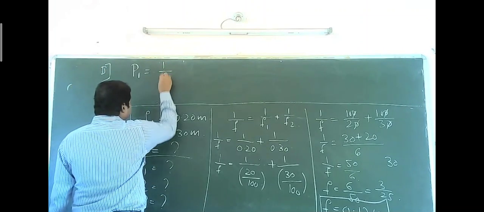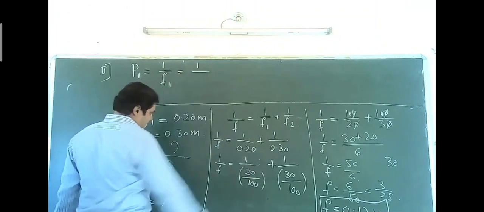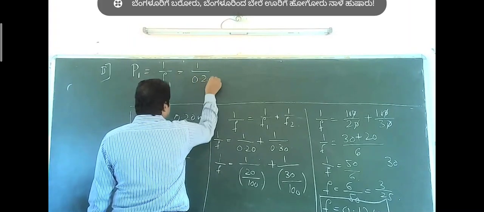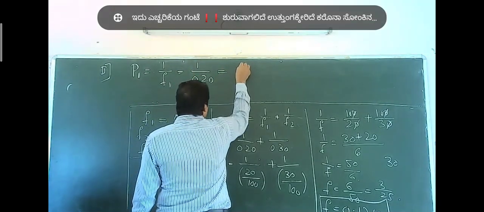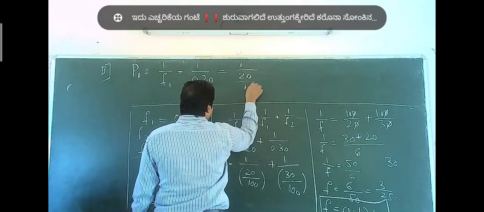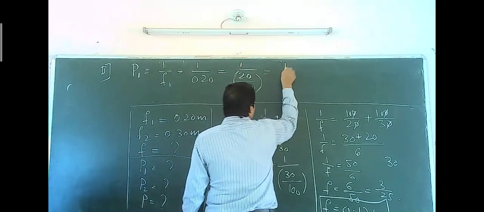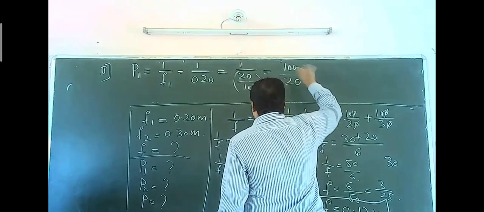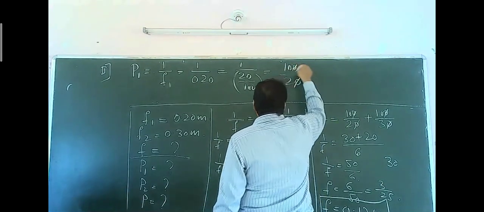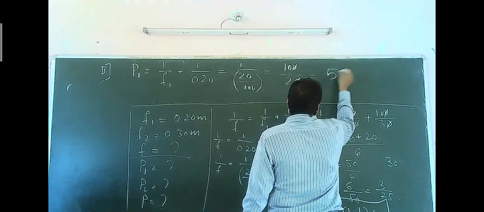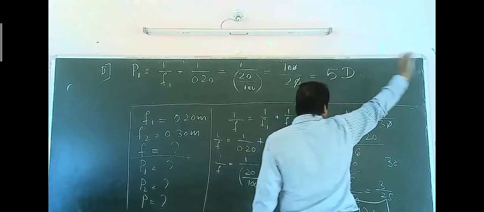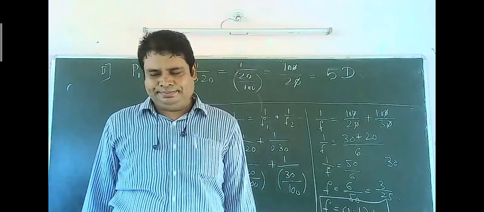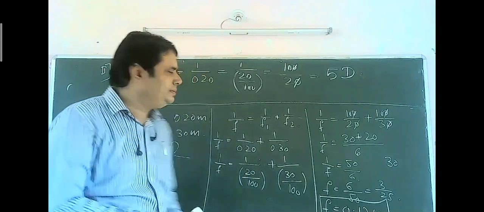P1 will be equal to 1 by F1, 1 divided by 0.20, same thing. 1 divided by 20 by 100, that's 100 by 20, which is 5. This is the power of the first lens.